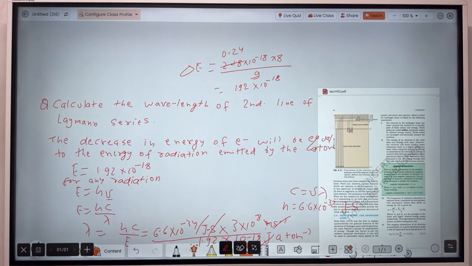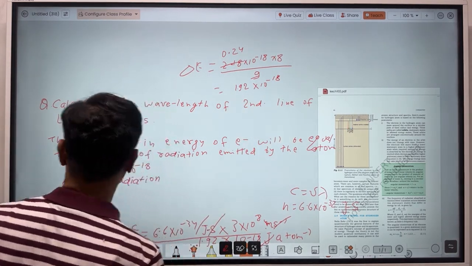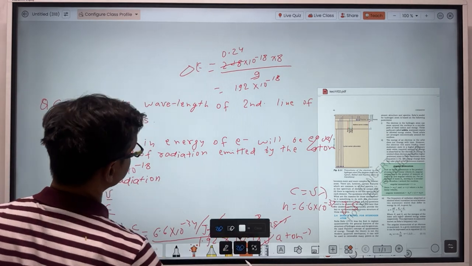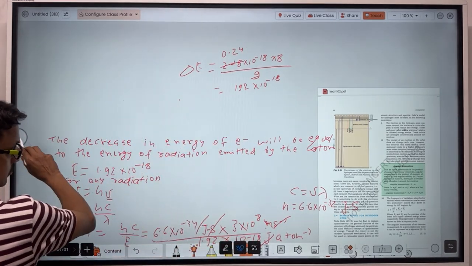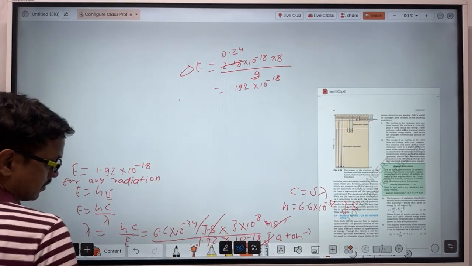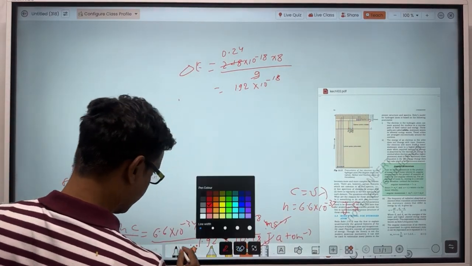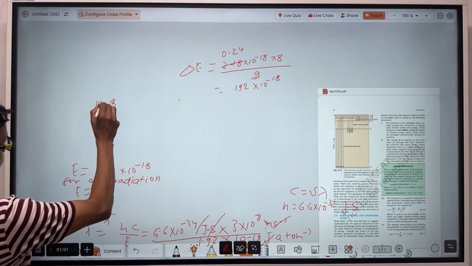So now calculate 6.6 into 3 here. I hope this one clear. So it is here 6.6 into 3.